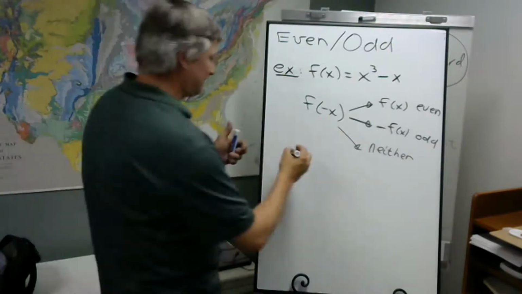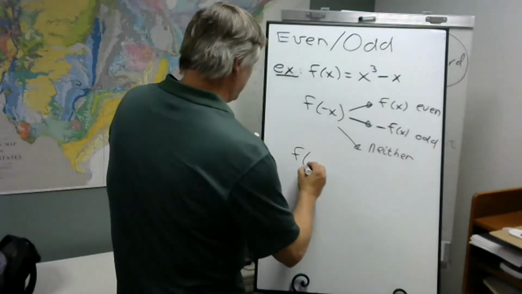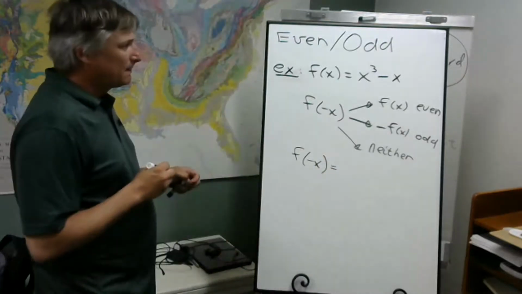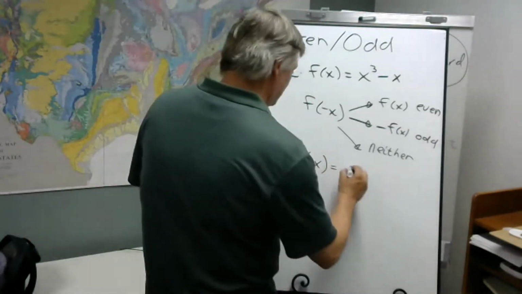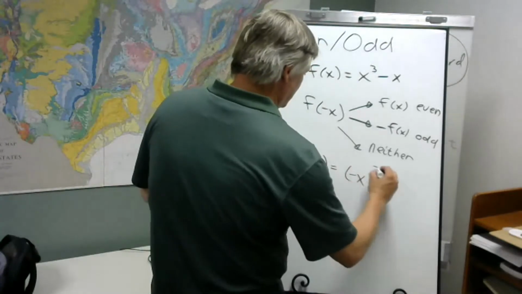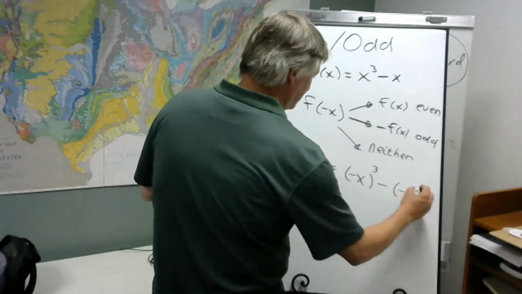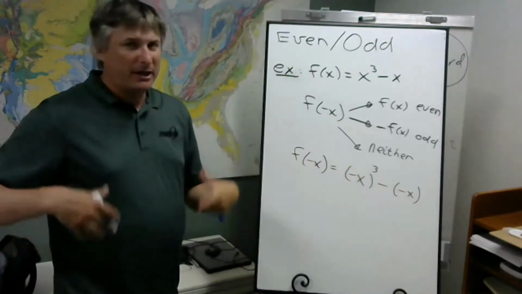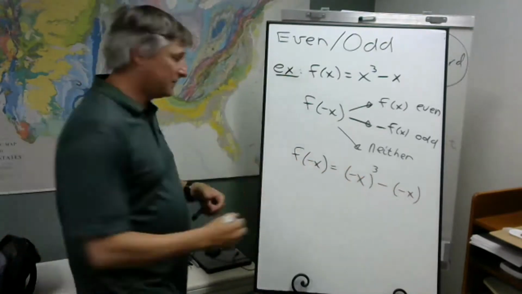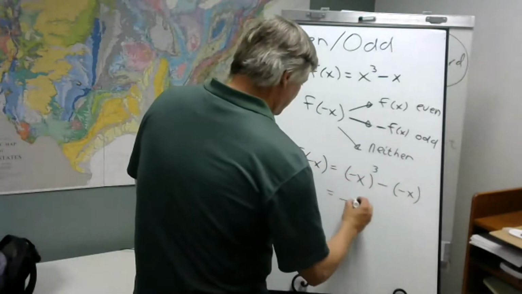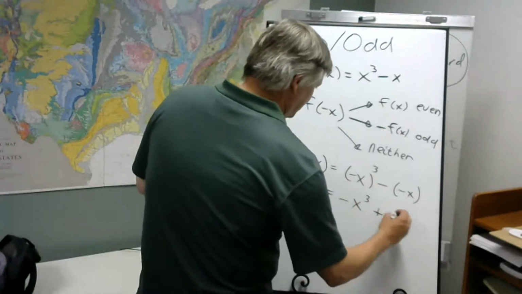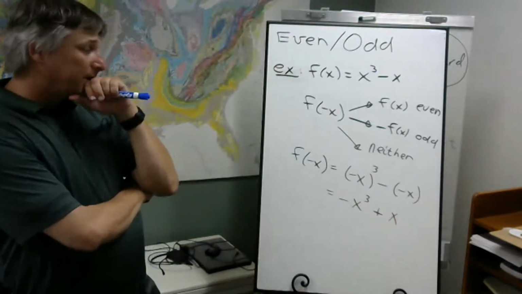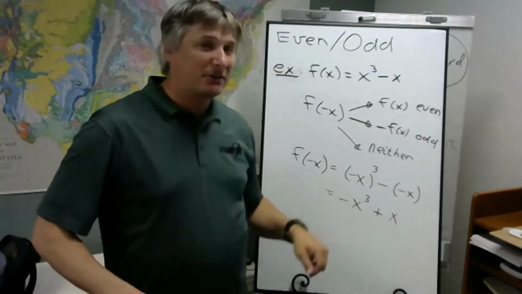So for this one, I get f of negative x. Well, if we do that, we get negative x cubed minus negative x. And when you cube a negative or apply an odd power to a negative, the negative stays there. So you get negative x cubed plus x. Ooh, what's going on here? Well, what we can actually do is factor out a negative.